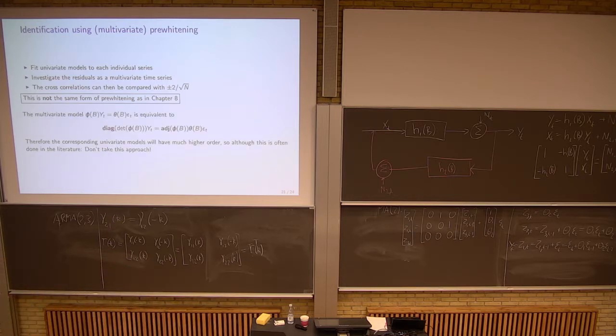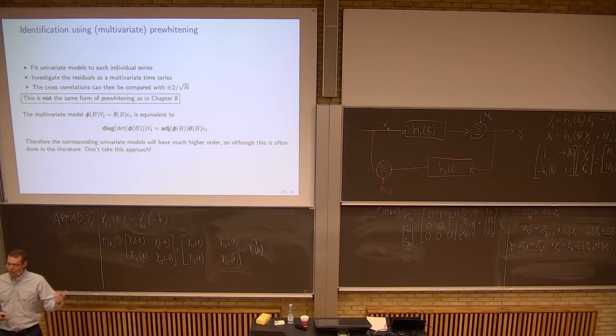Now, in case you have a multivariate model like this, if you do this up here, you will end up making a model that is at least equivalent to the following model. You calculate the determinant of the phi operator here. We have one model over there. The determinant contains products of the impulse responses or transfer functions.